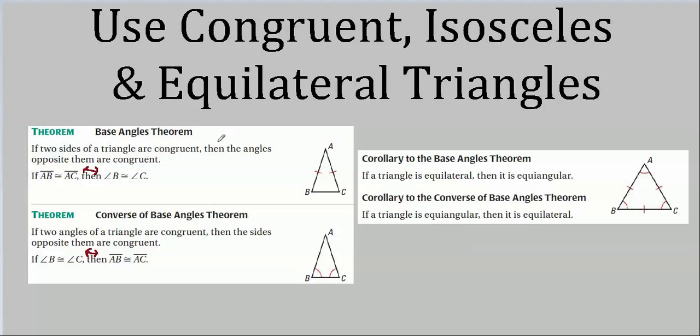It just says that we have to have at least two sides that are congruent. Having three sides that are congruent, base angles theorem and the converse will still both hold. Maybe I've over-explained this, sorry.